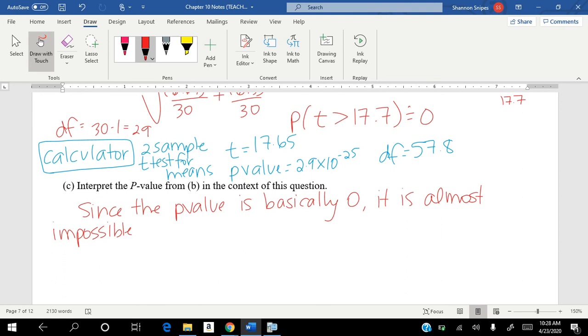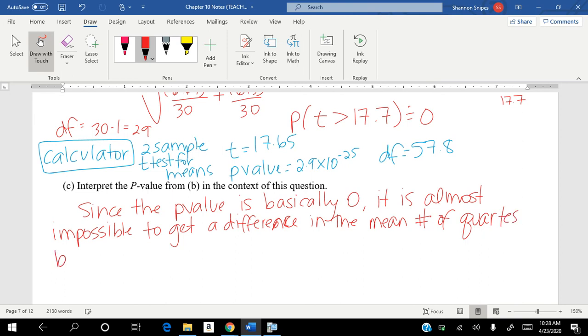It is almost impossible to get a difference in the mean number of quarters of 29.5, and I hope you know 29.5 came from subtracting the two sample means, by chance alone.